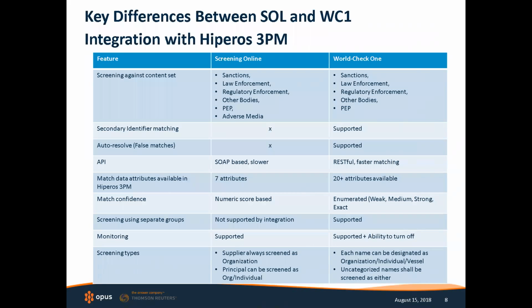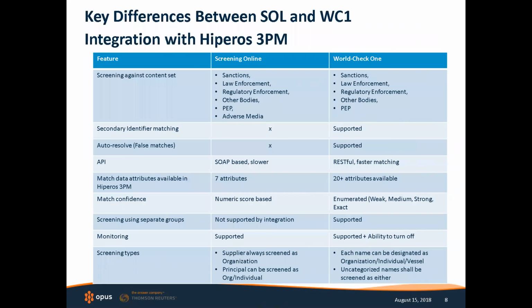We will add that adverse media piece in 2019, but to highlight, as part of the World Check data, adverse media is covered as related to financial crime, and that is one of the largest components of the World Check database.